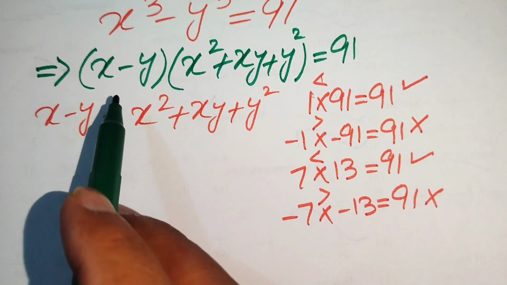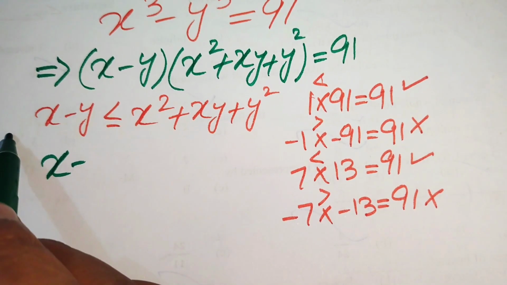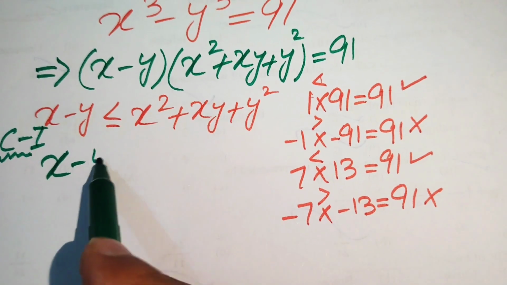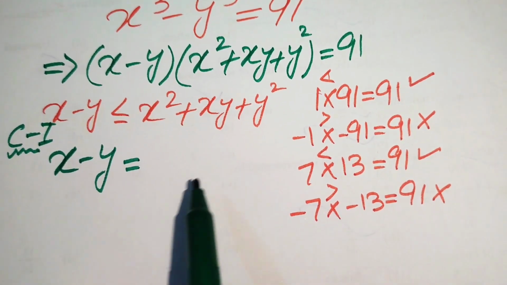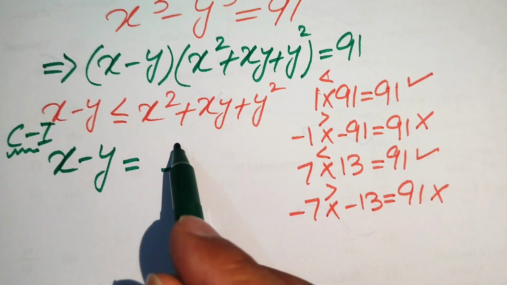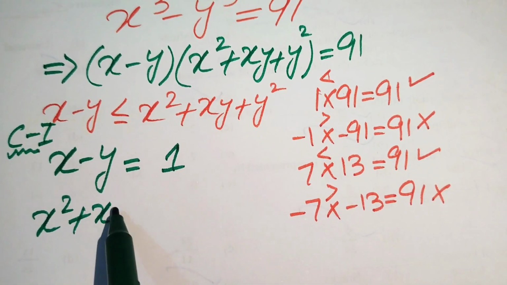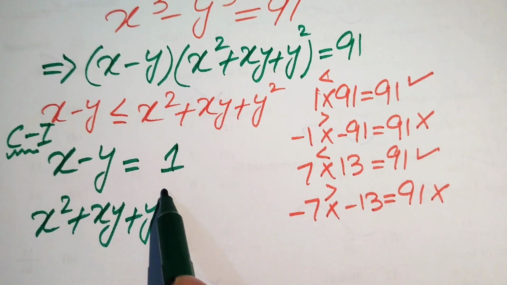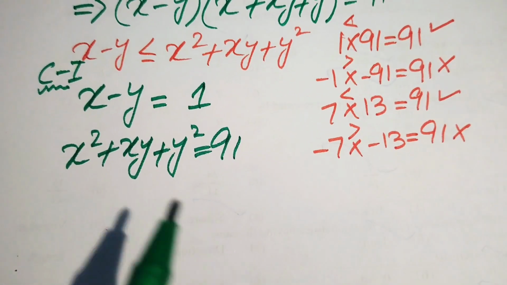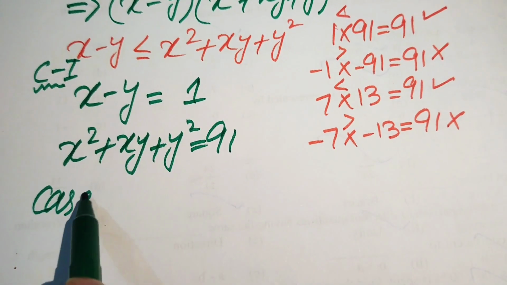In case number 1, we choose x minus y equals 1, and the second factor, x squared plus xy plus y squared, equals 91.